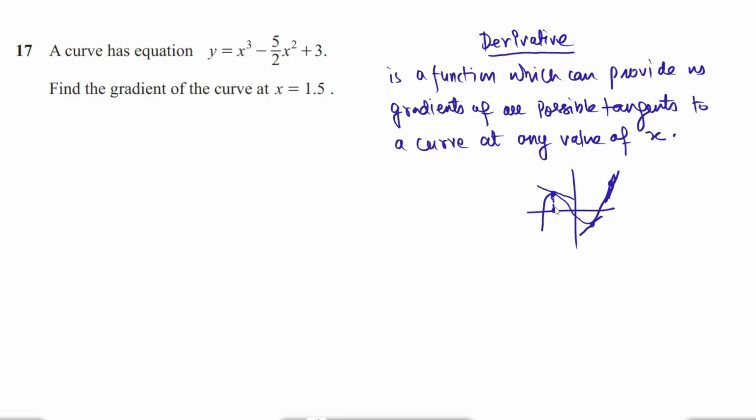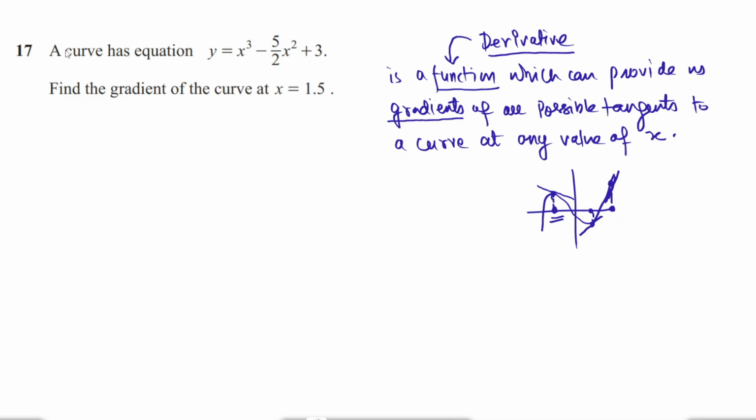And what is the x value of that specific point? If you have the x value, you can find the gradient of the tangent at that point without even drawing the curve. So the derivative function gives us that tangent gradient.